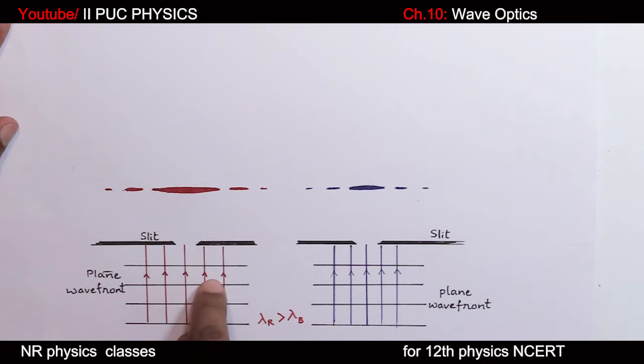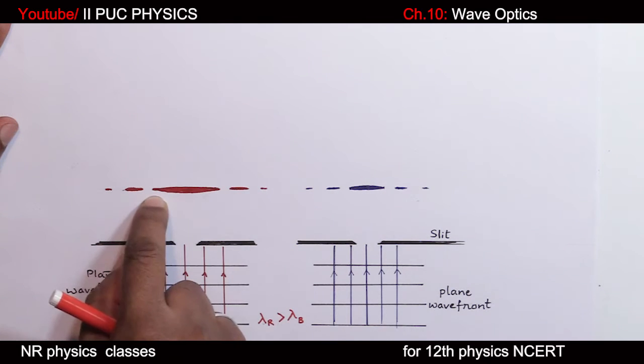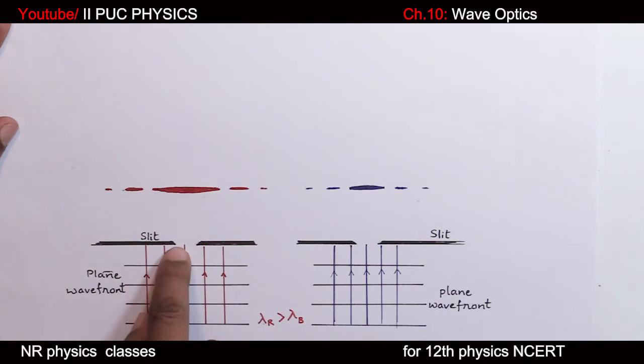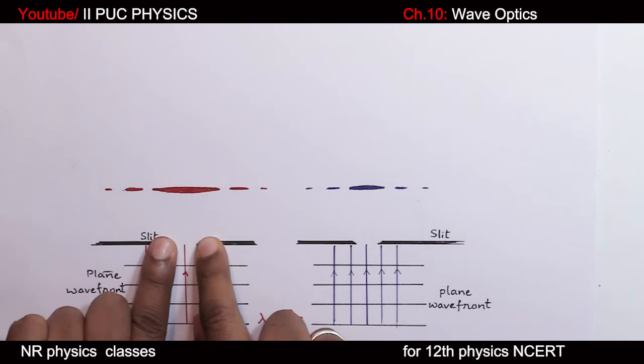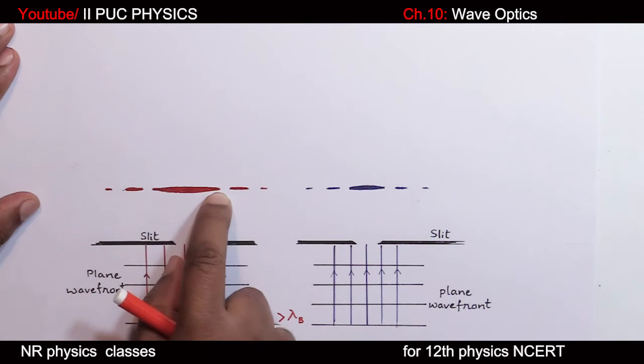So wavelength is more means this is how diffraction can be seen on the screen. So this is a pattern on the screen. If slit width is about 5 centimeter, then we get a much broader bright patch.